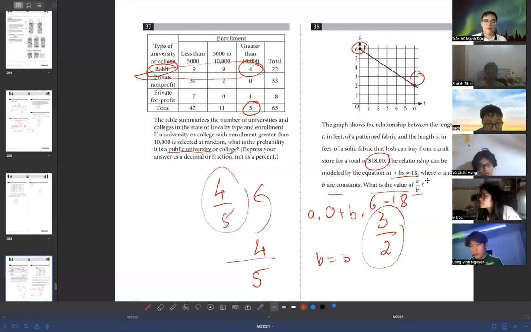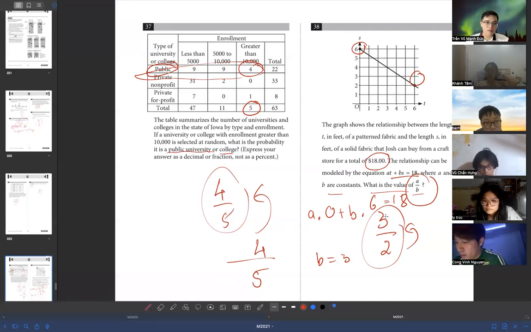But they are asking for A over B, so it should be 2 over 3, shouldn't it? How did you come up with 3 over 2?